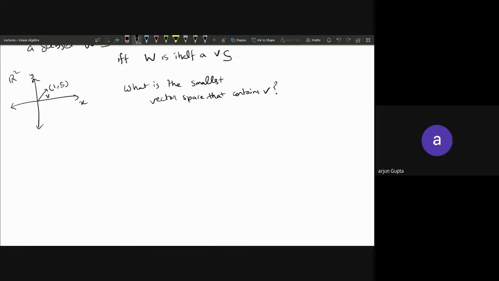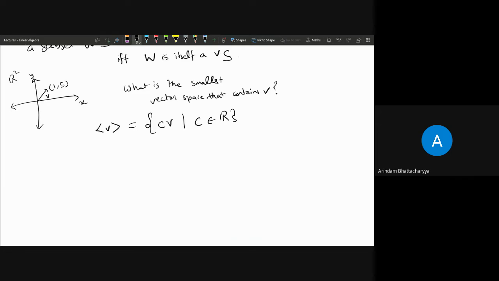The line passing through the origin and the point (1, 5). Alright, so the answer is we will denote it by this: the space of all cV where c is in R.